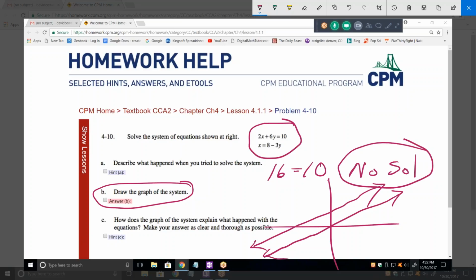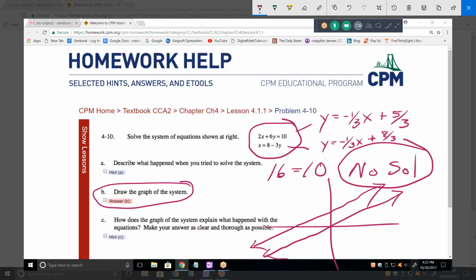In other words, this first one, if I graph it, I'm going to get y equals minus 1/3 x plus 5/3. If I graph the other one, I'm going to get y equals minus 1/3 x plus 8/3.